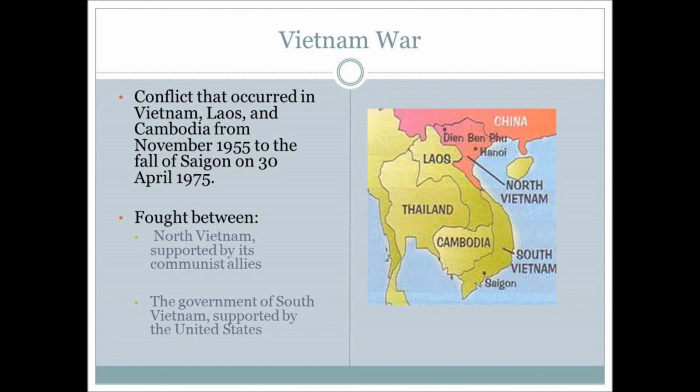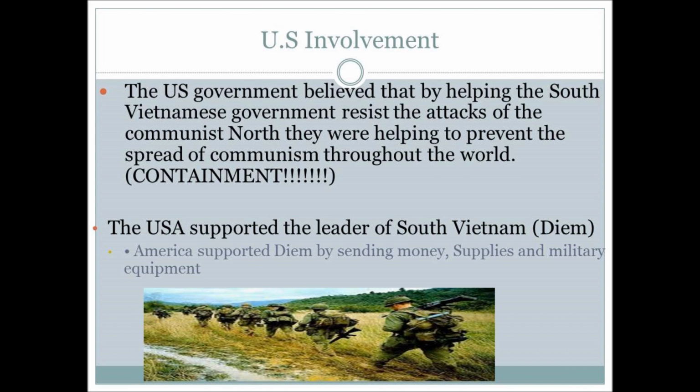The United States wanted to ensure that communism did not spread, so they believed that by helping the South Vietnamese government resist the attacks of the communist North, they were helping to prevent the spread of communism throughout the world. And remember, this once again follows their policy of containment.